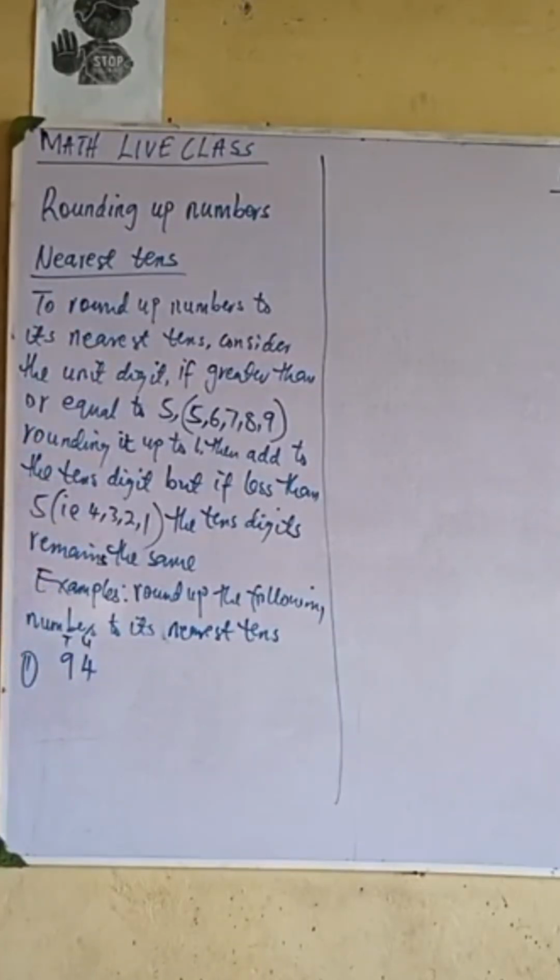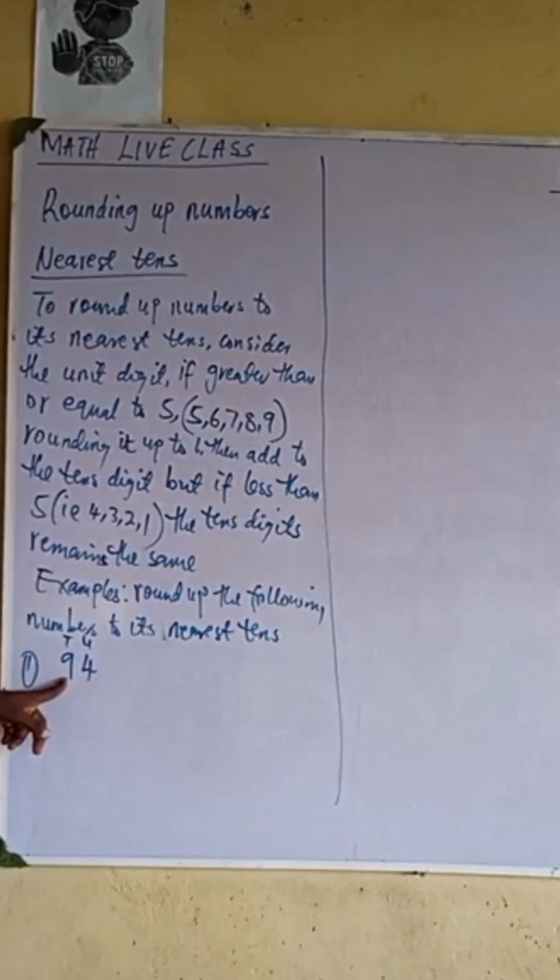So which one are we going to consider according to what we have written here on the board? We are going to consider the unit digit. And according to what we have written here, the rules said that if the unit digit is less than 5, that is 4, 3, 2, 1, the tens digit remains the same.